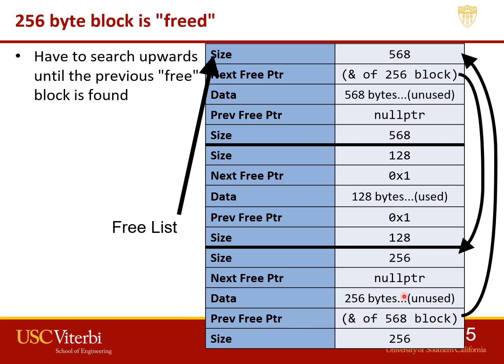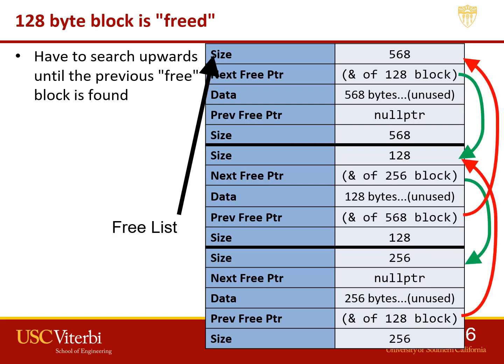So the last one is this, the previous points back up to the first one, and its previous is a null. So that's the end of the chain. So there you go, we're done, we've freed it. If somebody allocates again now, if they allocate something less than 568, they can have this block. If they allocate something less than 256, they could have this block.